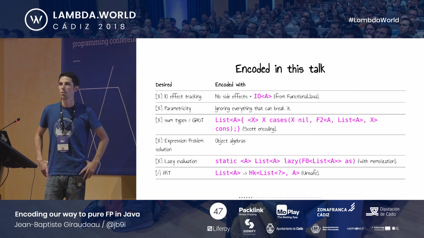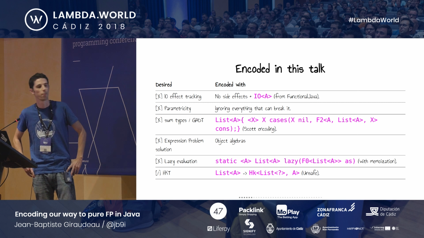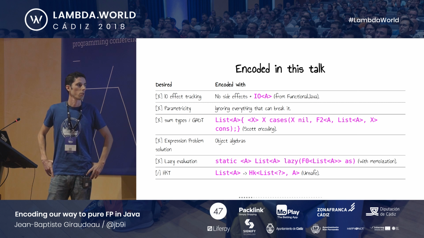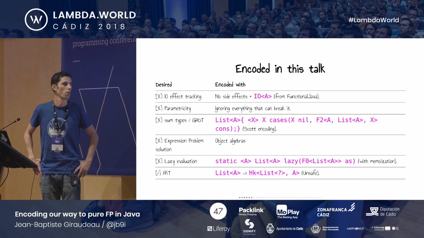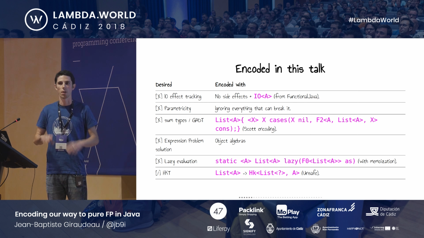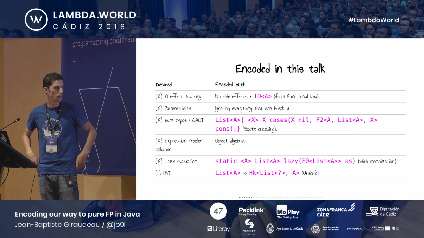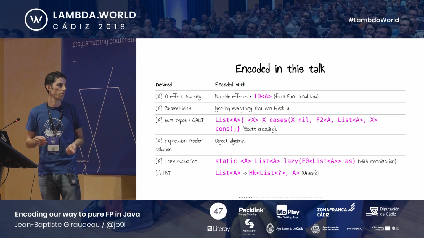You can get extensibility with object algebras and solve the expression problem. We shall see that lazy evaluation is a very essential tool for making a lot of algorithms very easy to write, like textbook Haskell implementations, and not worry about stack safety.